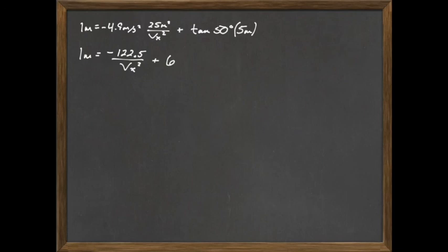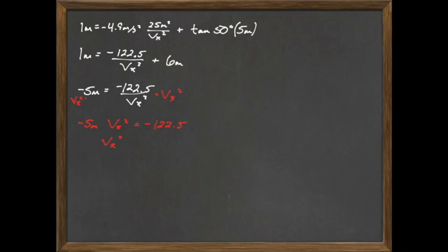We've got a few steps here. If I subtract the 6 over to the other side, we've got negative 5 meters is equal to negative 122.5 over Vx squared. Now we'll multiply Vx squared to both sides, so negative 5 meters times Vx squared is equal to negative 122.5.